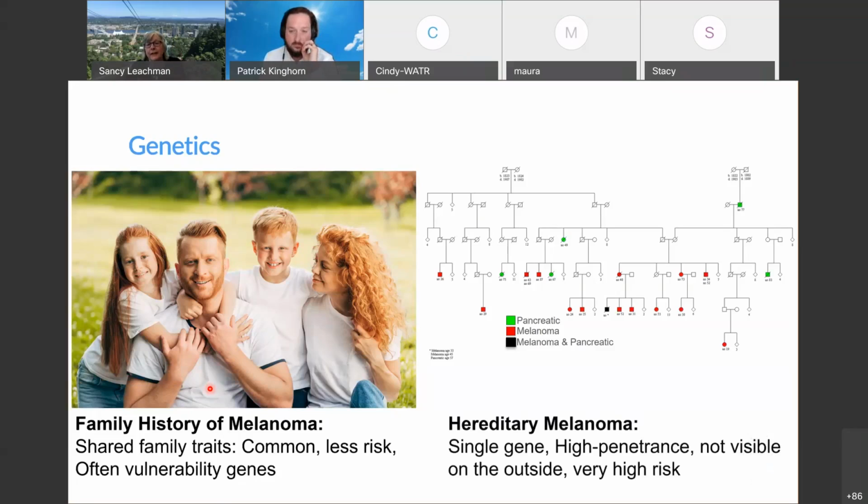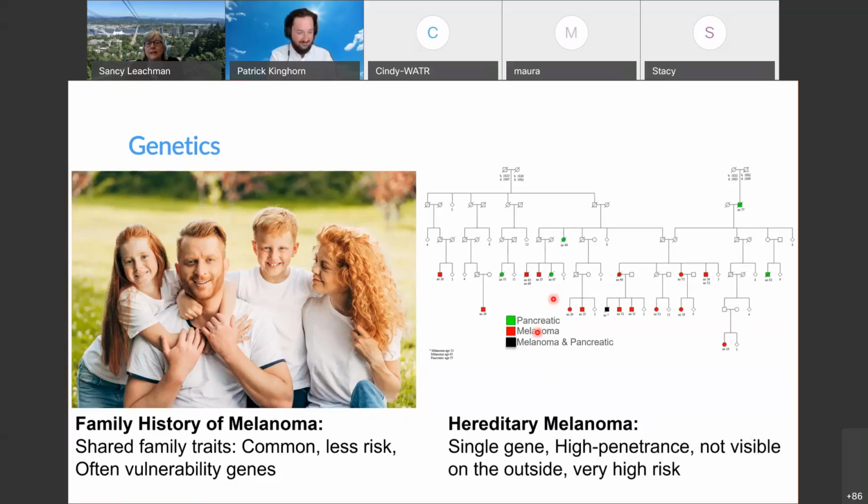This is different here. This is a pedigree. So this is a pedigree that I'm showing of a family that I took care of when I lived in Utah. And this family had a mutation that they carried in a gene called P16. And in that case, anybody who got that gene that had the mutation in it, that inherited it, had a very high risk of getting a melanoma. And you can see in this case, they're at risk for getting both melanoma and pancreatic cancer.